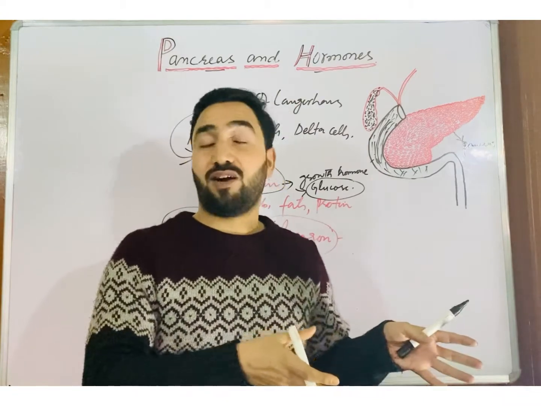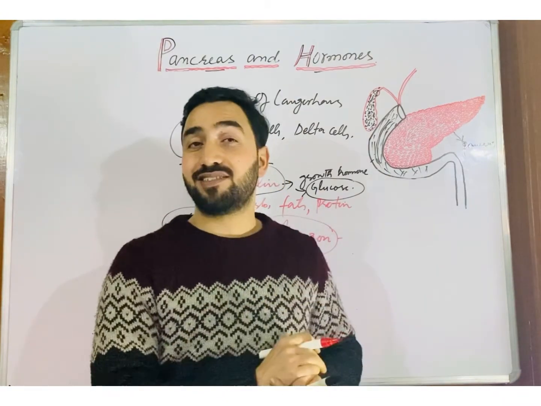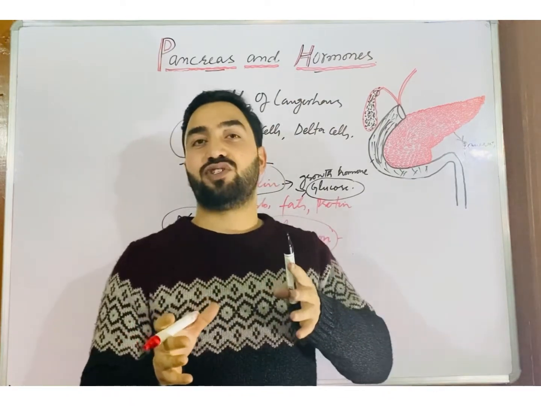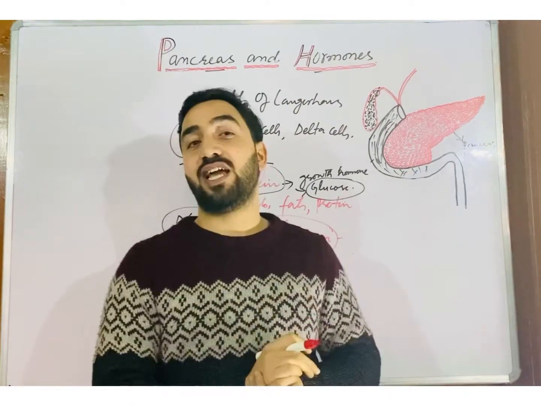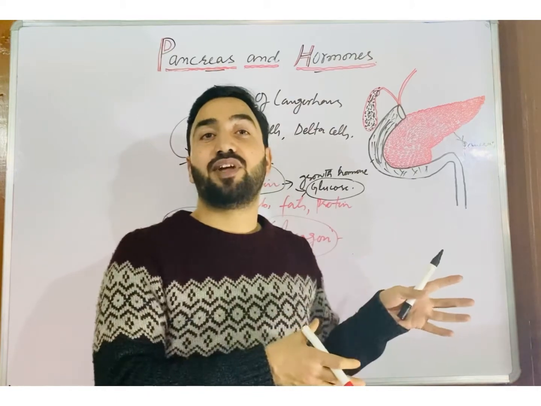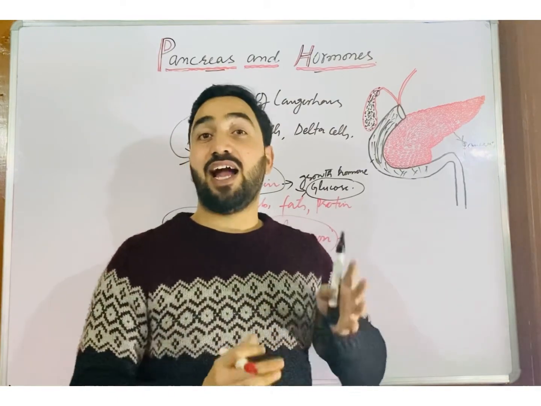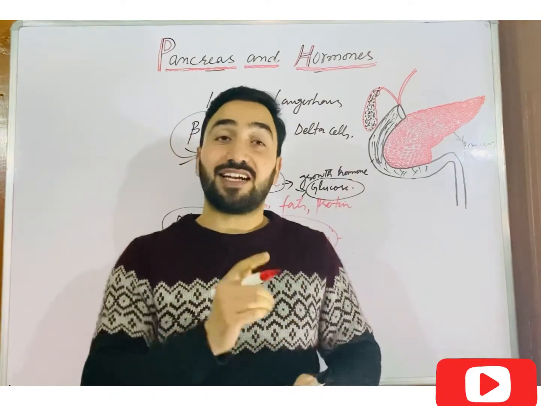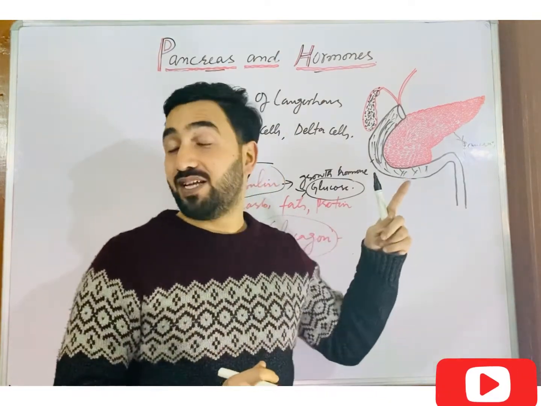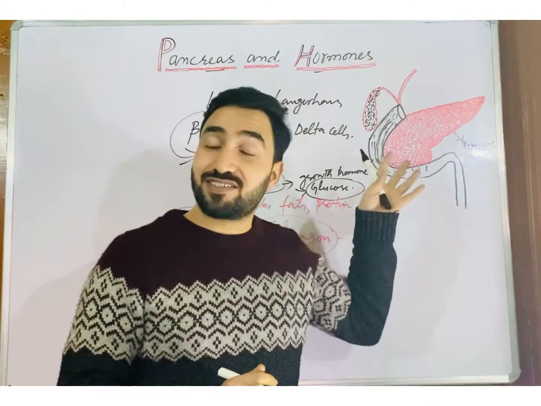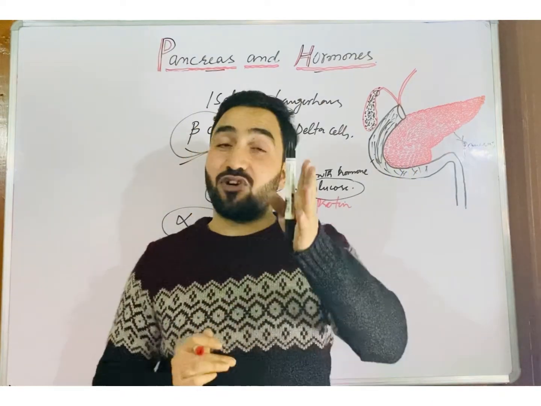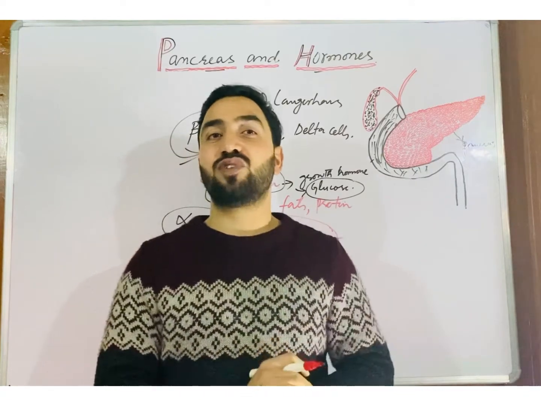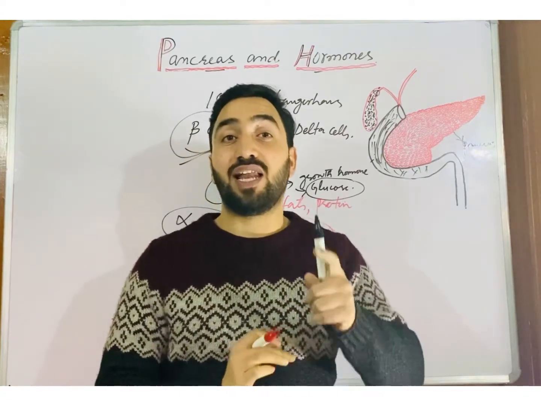After release, what does glucagon do? The glucagon causes the stored glycogen to be broken down into glucose, and also stimulates gluconeogenesis. That's very important: after its release from the alpha cells, glucagon performs two important processes.